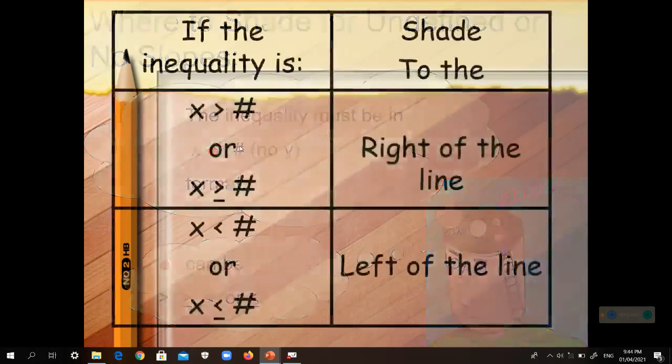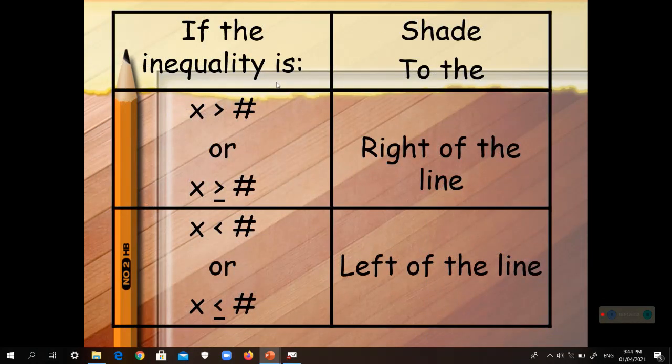So, to proceed, if the inequality is x is greater than the number, or x is greater than or equal to the number, so you are going to shade to the right of the line. While, if you have x is less than the number, or x is less than or equal to the number, so you are going to shade to the left of the line.